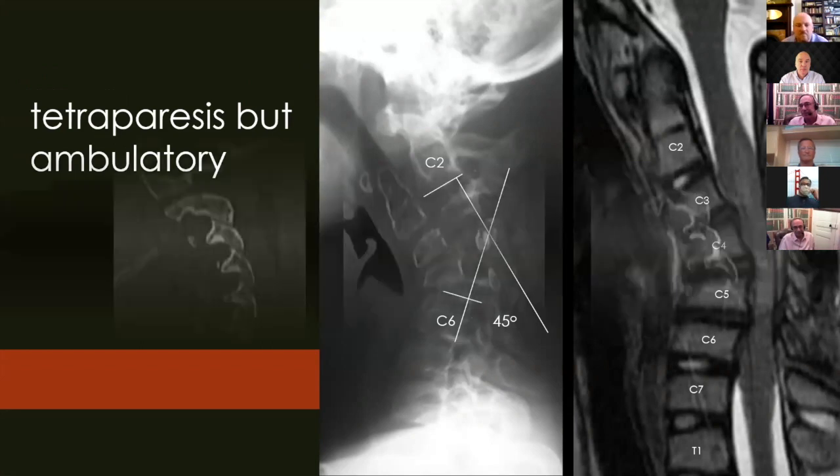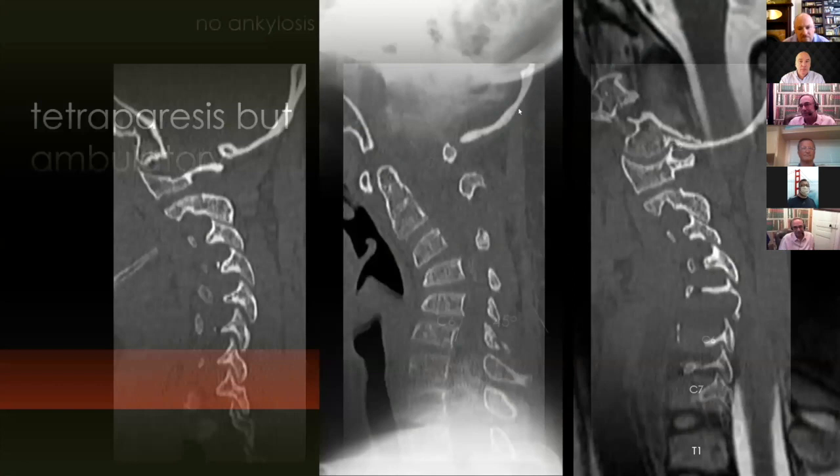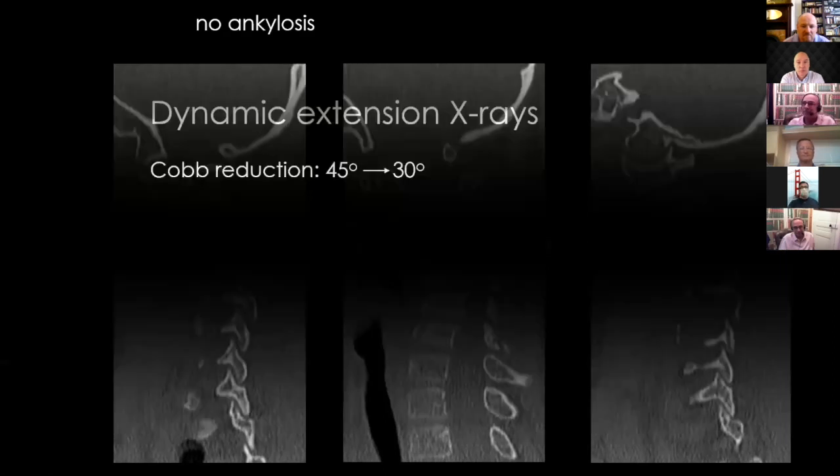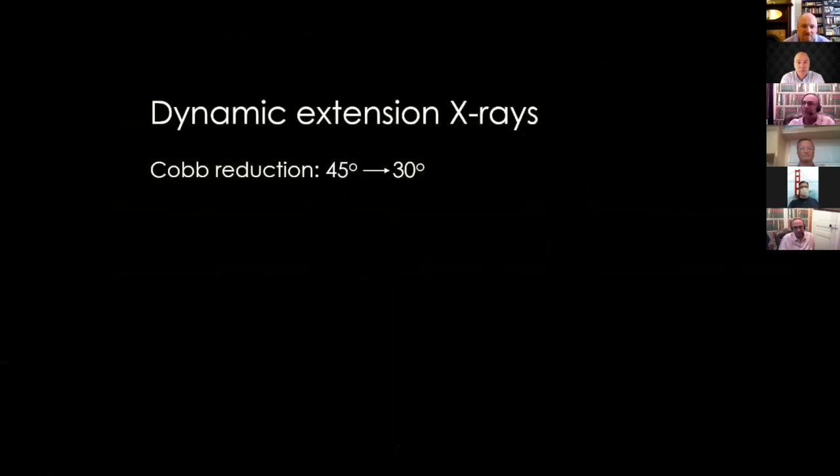CT excluded a spontaneous bony union and ankylosis, which typically develops between posterior elements, particularly articular facets, while X-rays of the cervical spine during passive extension, which I call, let's say, a hinge test, showed 15 degrees reduction of kyphosis, meaning that the curve of the deformity wasn't that stiff.